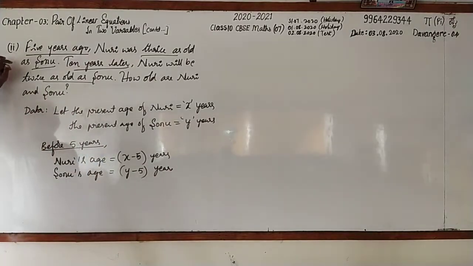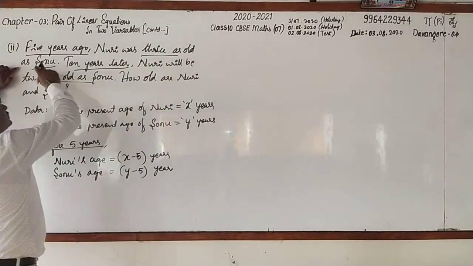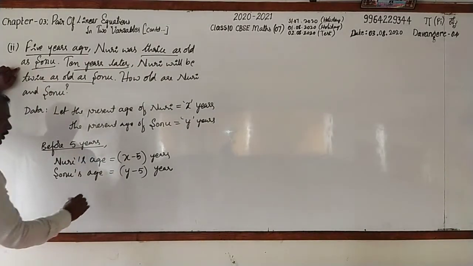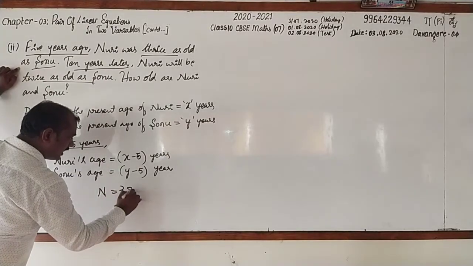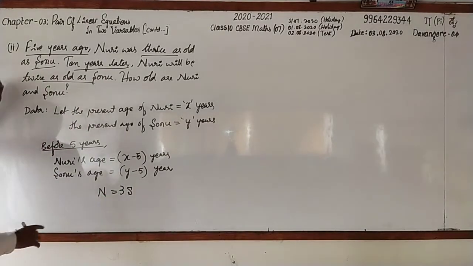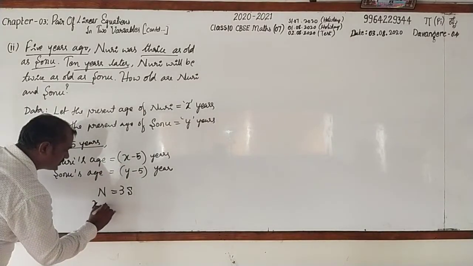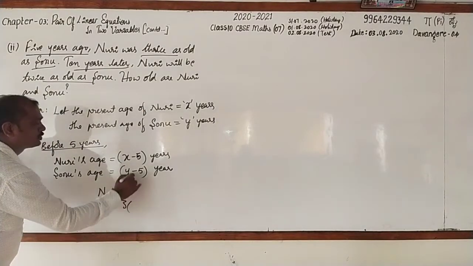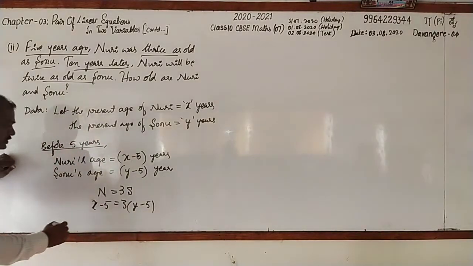But a condition has been given. Nouri was thrice as old as Sonu. For your reference, I am writing Nouri was thrice as old as Sonu. Nouri's age before 5 years is x minus 5. 3 into Sonu's, it is y minus 5. Hope that you have understood.